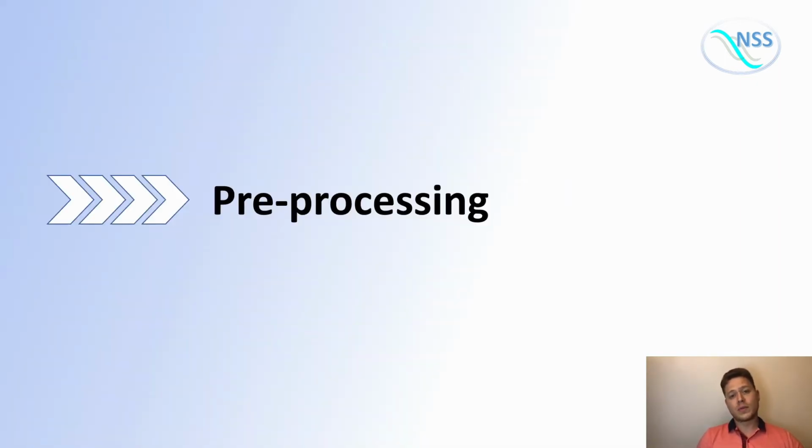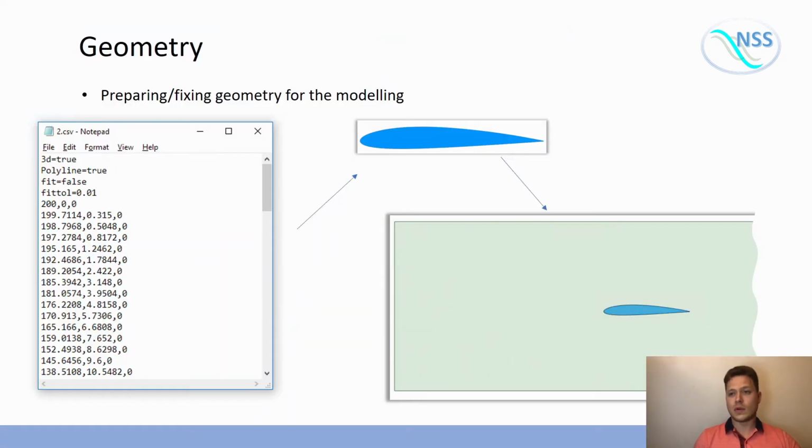Then we go to the pre-processing steps, as I said. For this particular problem, for this airfoil, we should take the geometry parameters. So what is the thickness, what is the length, what are the shapes, all these kinds of things. And then we can start preparing the geometry, or we take the drawings or sketches, and after that we do the model.